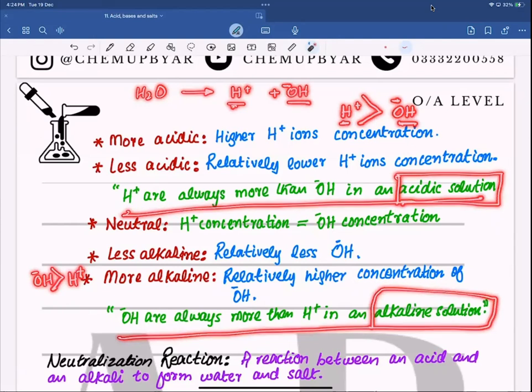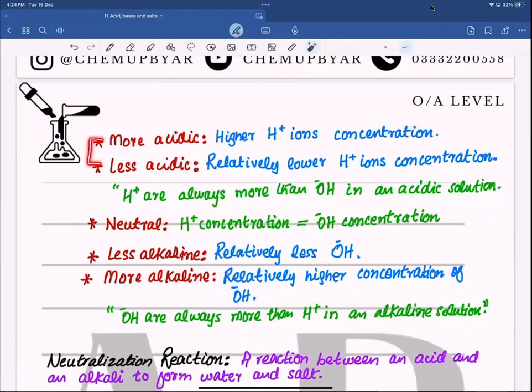Then what is the difference between more acidic and less acidic? We have just decided if the solution is acidic, then it has a greater number of hydrogen ions as compared to hydroxide ions. But if the hydrogen ions are in very large quantity, then it is considered more acidic.